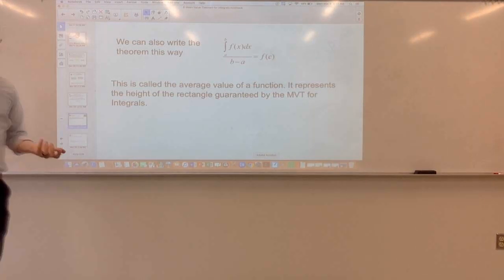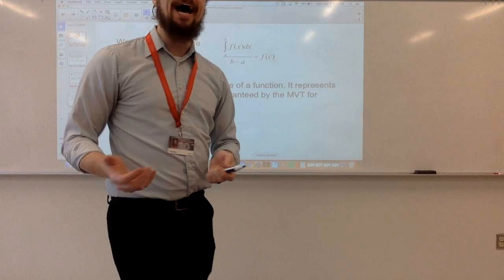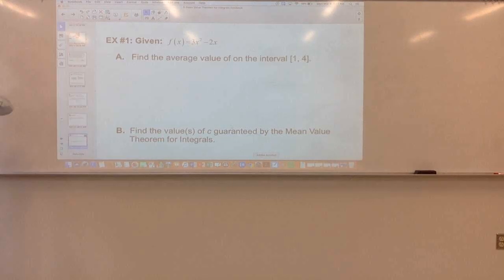So let's try one. Let's find the average value of a function, and you'll see questions worded just like this on the AP test. Here's a function, find its average value on the interval 1 to 4.